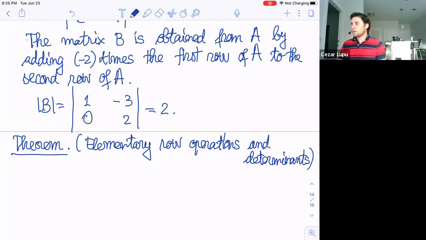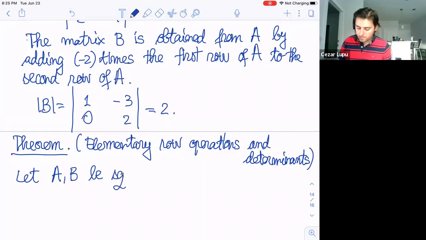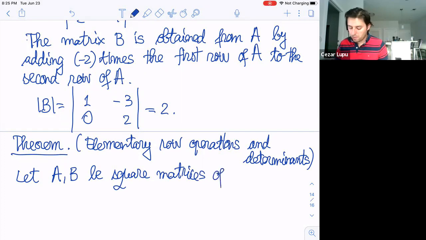Okay. So now let A and B be square matrices, let's say of order n.